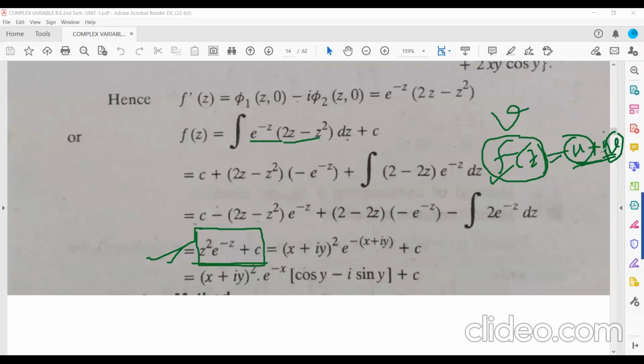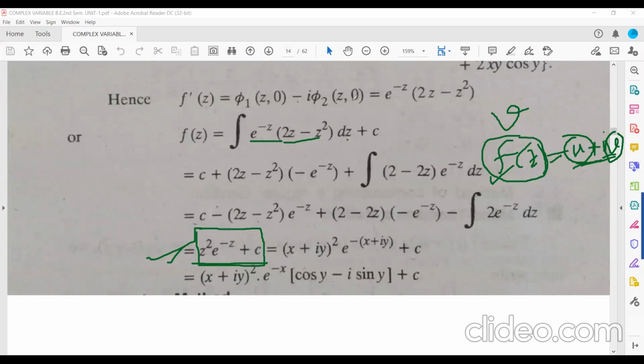And if V is given, then there is the second part of the empty method that I have already shown. You have to consider Vy equal to psi 1 and V2 and Vx equal to psi 2.